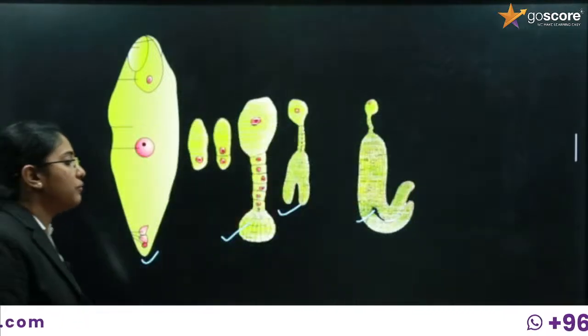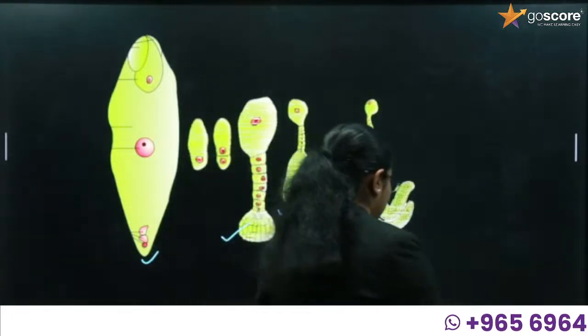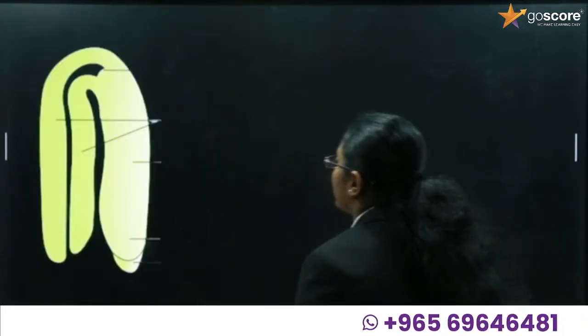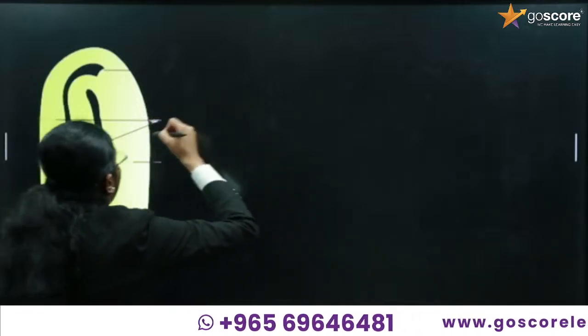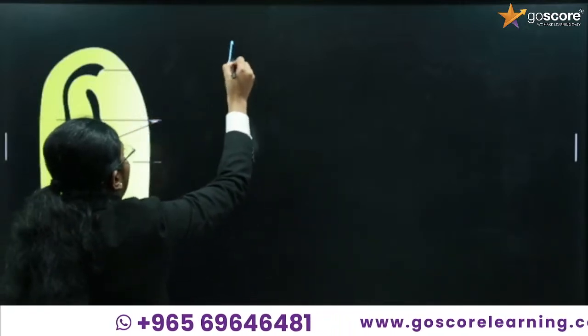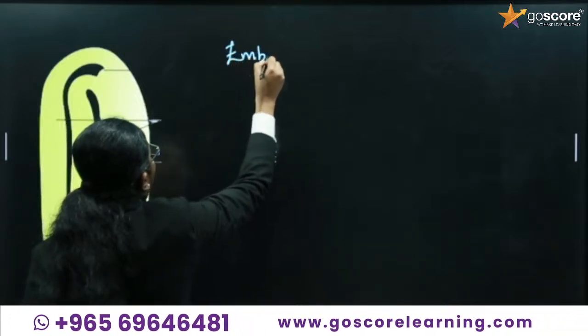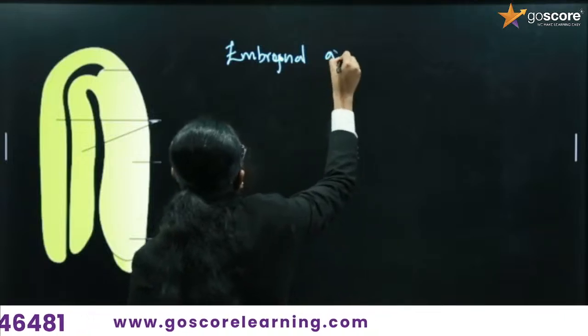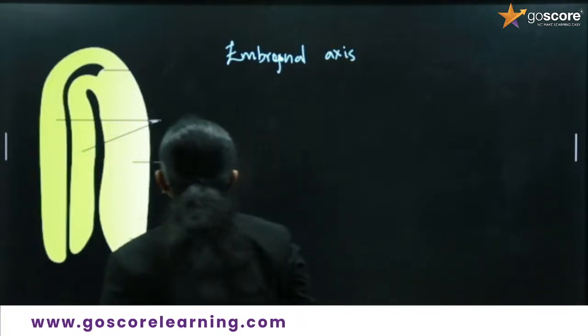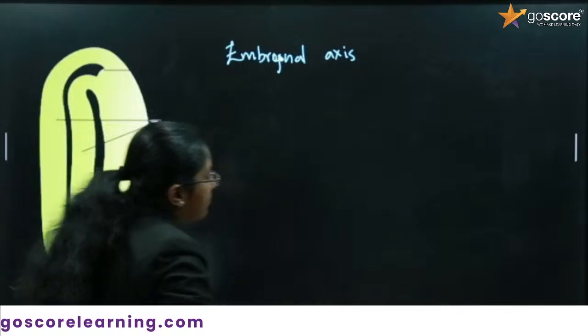Let's see the structure of the dicot embryo. In the embryo we have the embryonal axis.